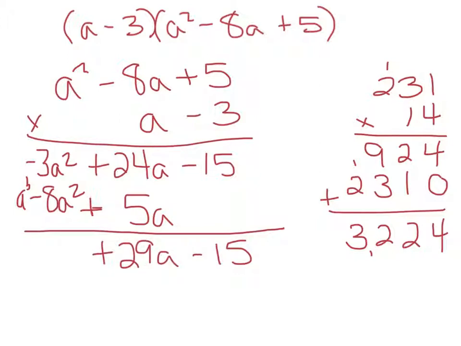That's what I meant to say. And negative 3a squared plus negative 8a squared is negative 11a squared. And then we still have our a cubed out front. So this is the answer that we are left with down here, a cubed minus 11a squared plus 29a minus 15. And that is your final answer.